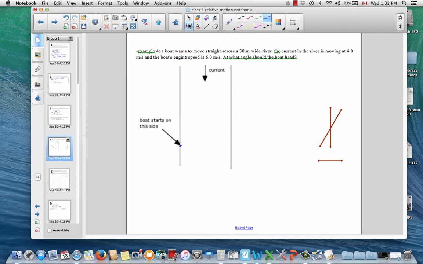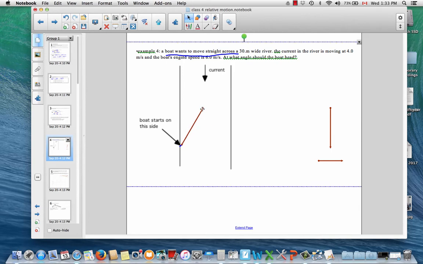Okay, so hopefully you saw in reading that if the boat wants to move straight across the river, that probably means we want a resultant that's straight across. So there's like a waterfall here and we can't get swept downstream. In order to do that, we have to point upstream into the current a little bit with our boat.